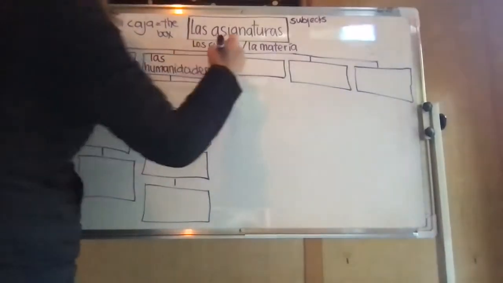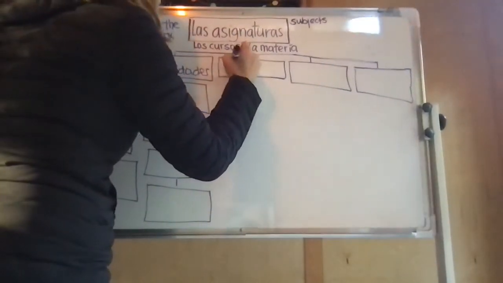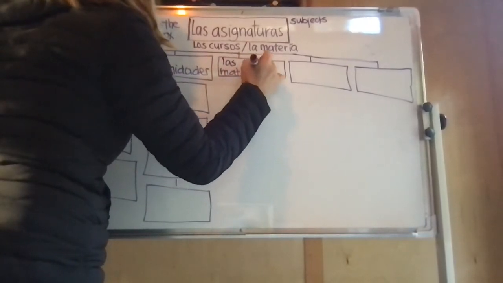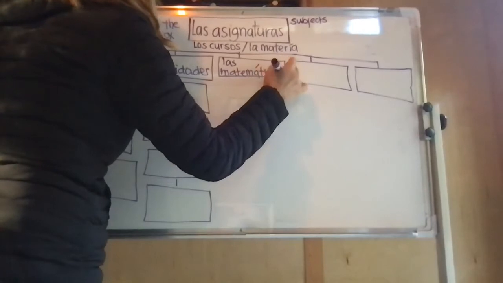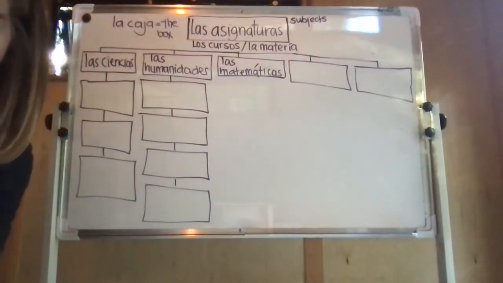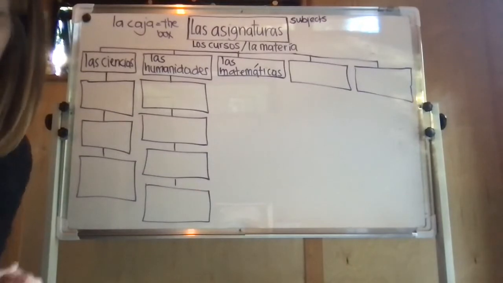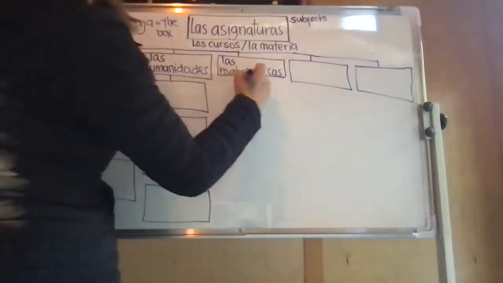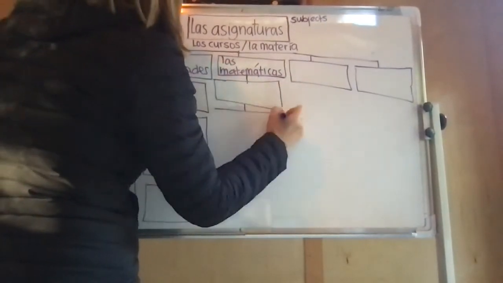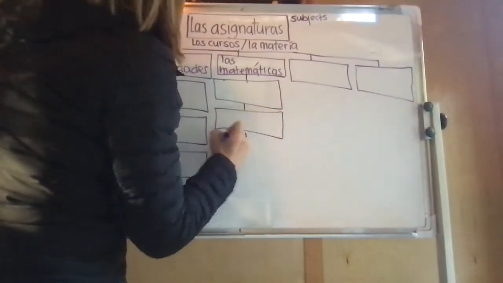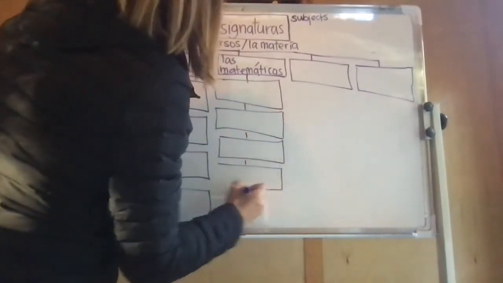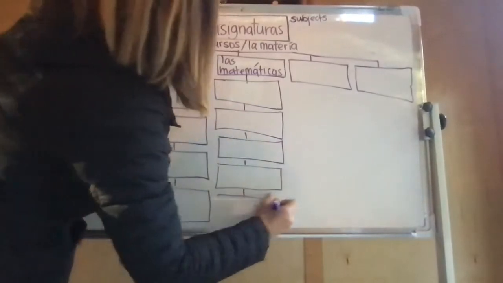Y luego hablamos de las matemáticas. Mathematics. Las matemáticas. Y debajo de las matemáticas hay 5. 1, 2, 3, 4 y 5.